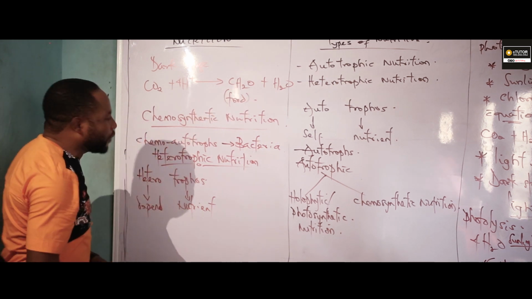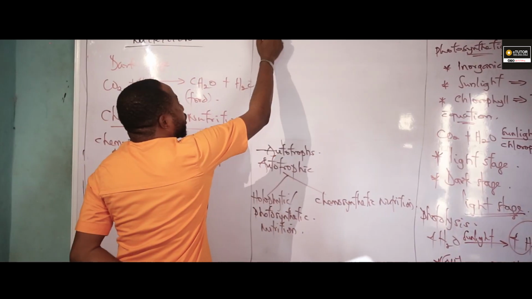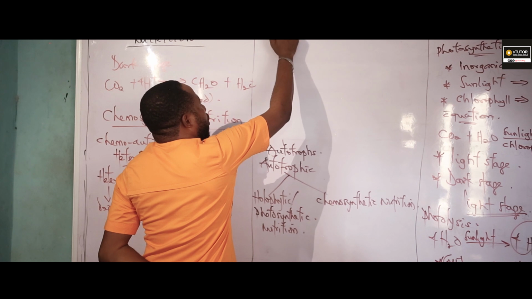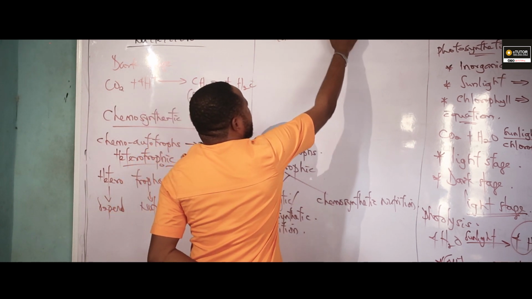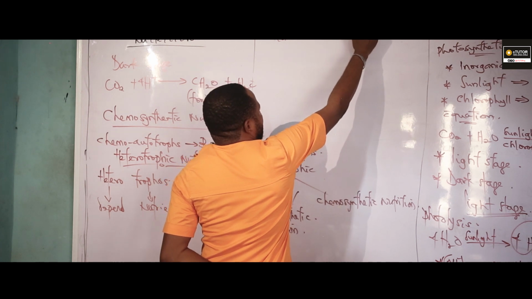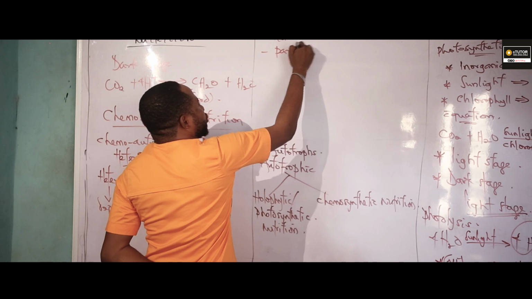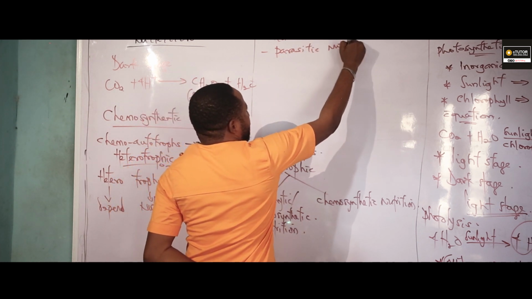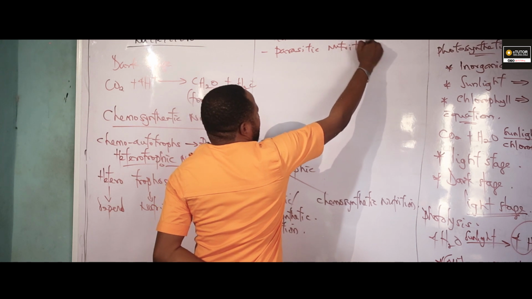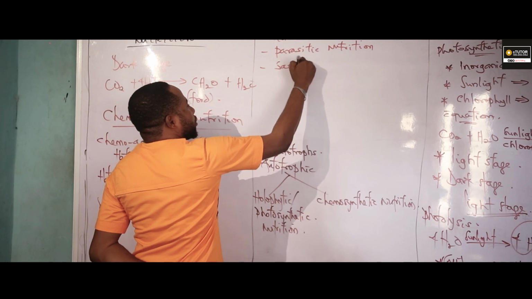So under heterotrophic nutrition, we have 5 subdivisions. The first one is called Holozoic nutrition. We have Parasitic Nutrition. We have Saprophytic Nutrition.